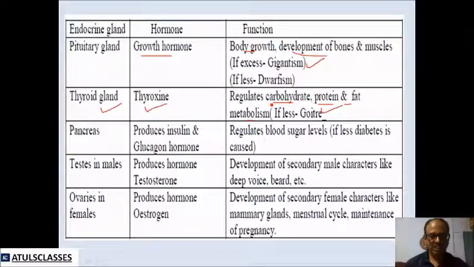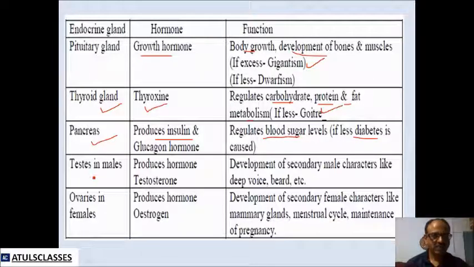It also regulates your body metabolism, so it leads to the fat and the thin stature of the person. Now we have the pancreas, very important nowadays. Most of the cases come because of disorders of the pancreas, that is diabetes. So the pancreas regulates blood sugar, and if it is secreted less or more, then it could lead to diabetes. So the hormone released is either insulin or glucagon.